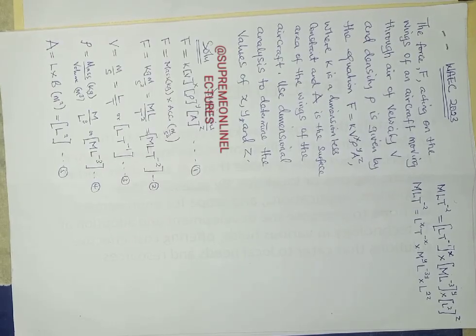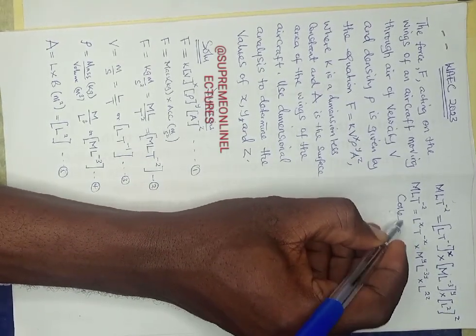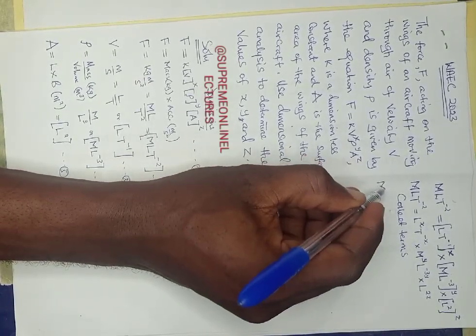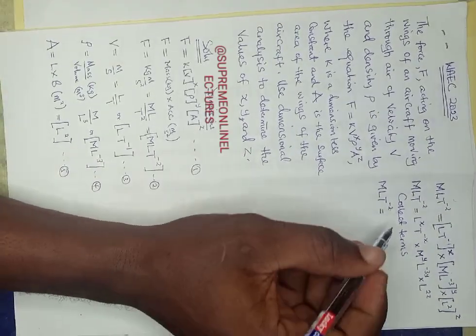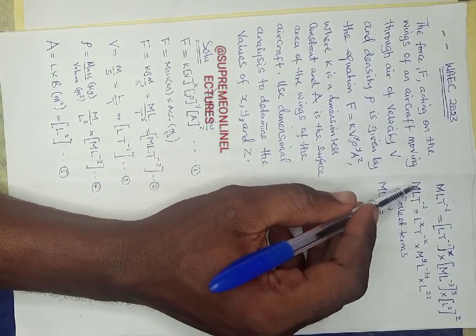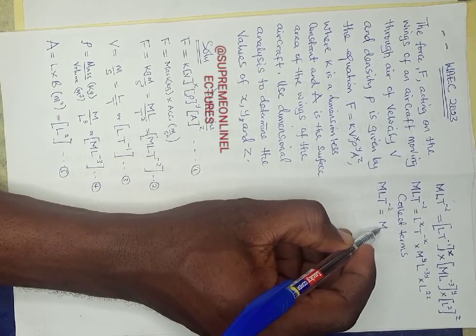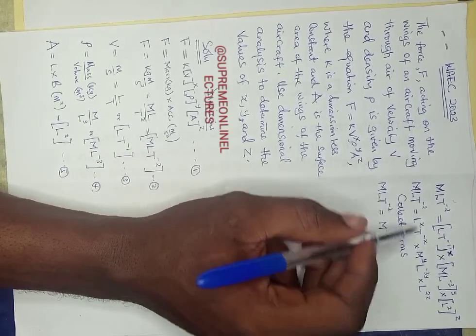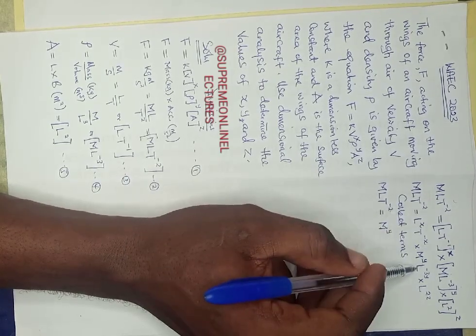We are going to collect like terms. Since we're starting with M, let me first bring M, so we have M to the power y. After M, we have L. How many L do we have here? We have this one, this, and this.